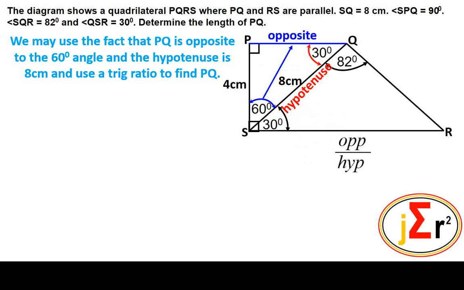What trig ratio are we about to use? We are saying that PQ is opposite to the 60 degrees angle, and we have the hypotenuse. Which trig ratio makes use of opposite and hypotenuse?